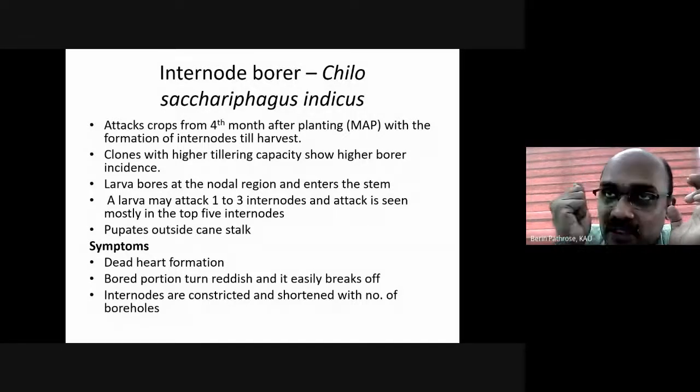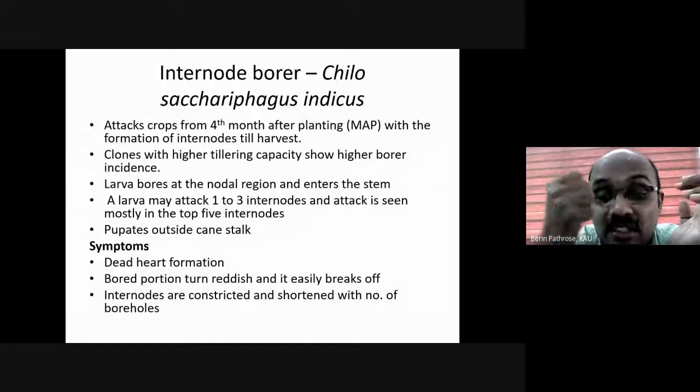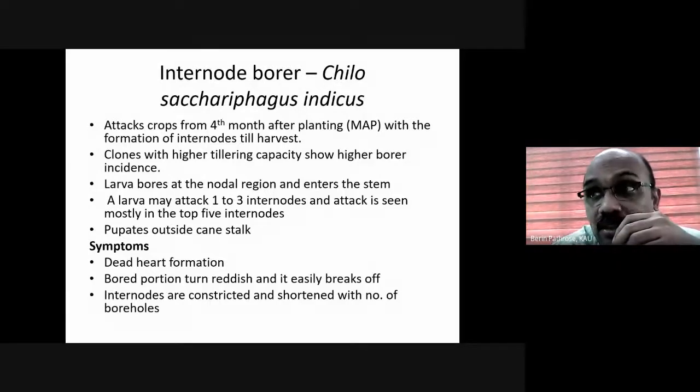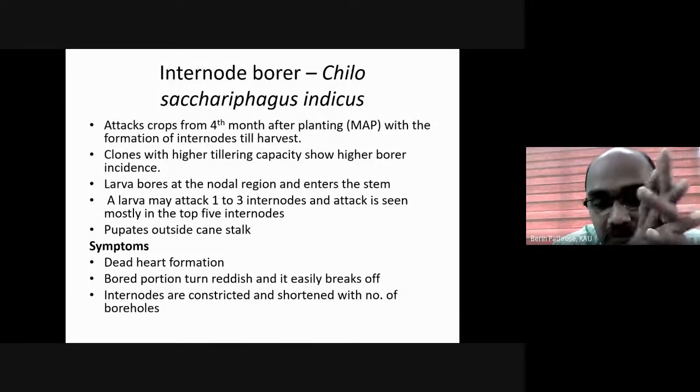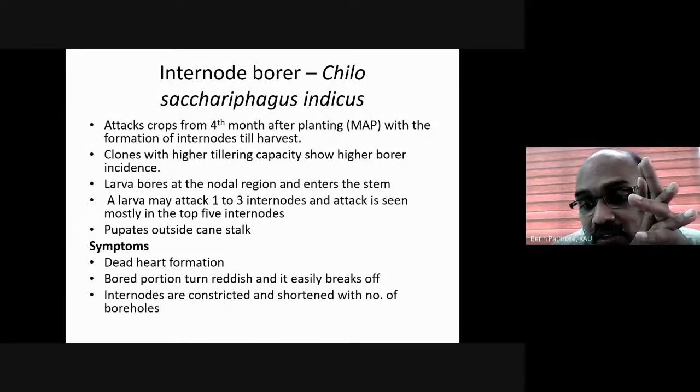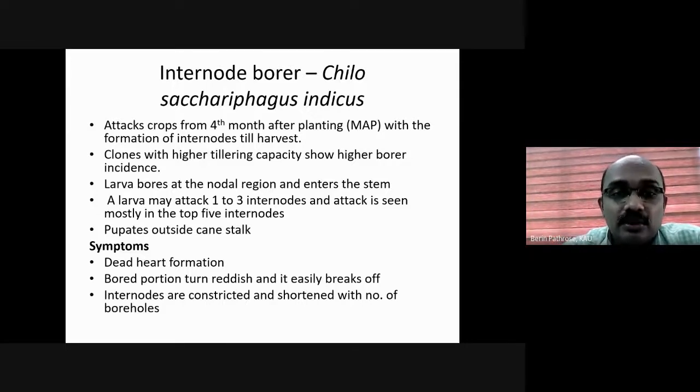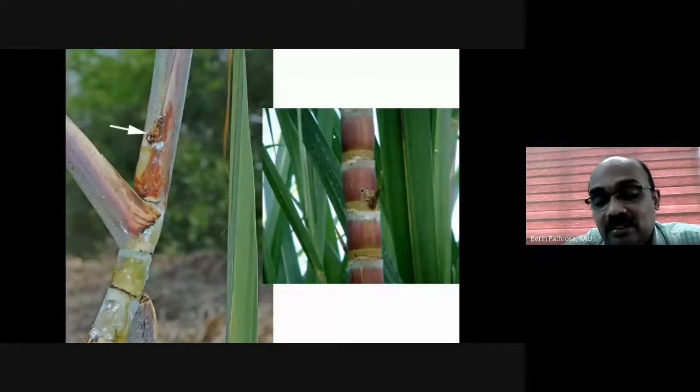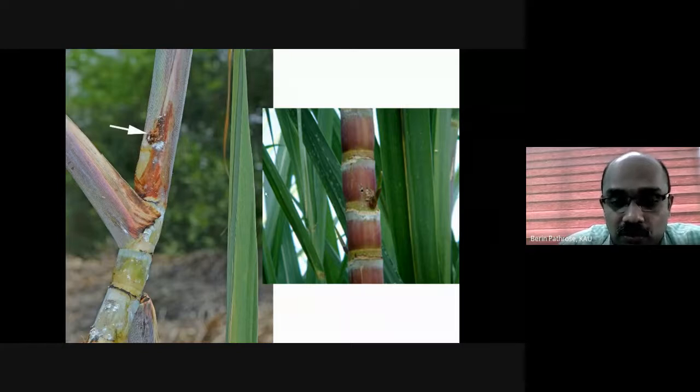And another typical symptom is the constriction of the internodal region and shortening of the affected internodes. So I will show the pictures later. So this is with respect to the damage and symptoms of internode borer. I will show this.